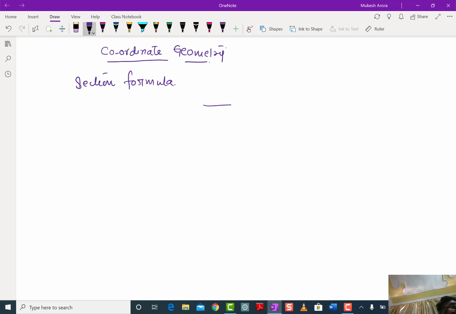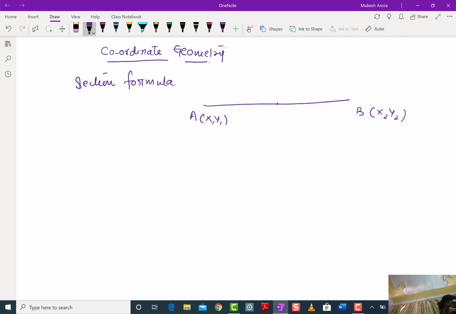Section formula: if points A and B, with coordinates (x1, y1) and (x2, y2), are divided by a point P in a certain ratio, let's say m:n, then what will be the coordinates of P?